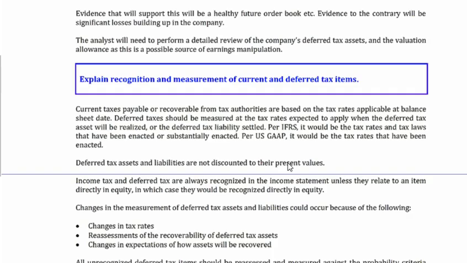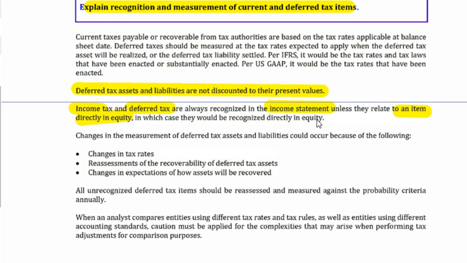Okay. We look over here, guys, at what needs to be recognized in terms of taxation items in the income statement and balance sheet. Some interesting notes we put over here. Deferred tax assets and liabilities never get discounted back to their present values. Income tax and deferred tax are recognized in the income statement, unless, of course, they relate specifically to an equity item, which we can then take directly through to equity.